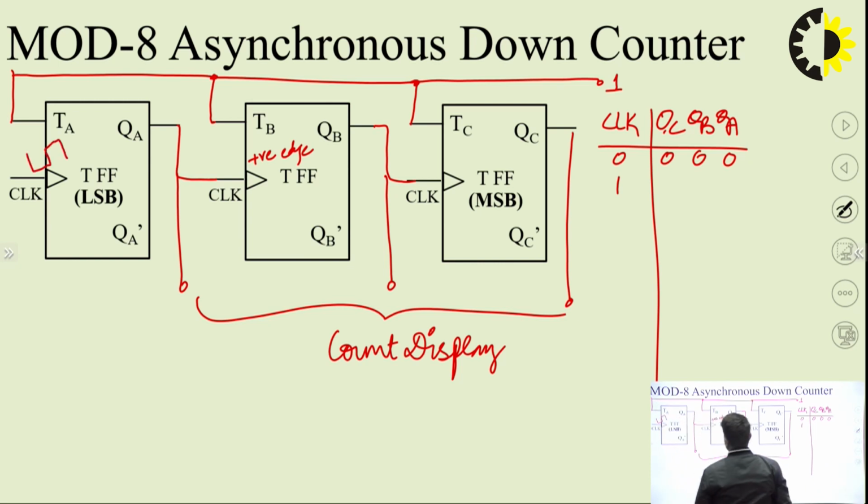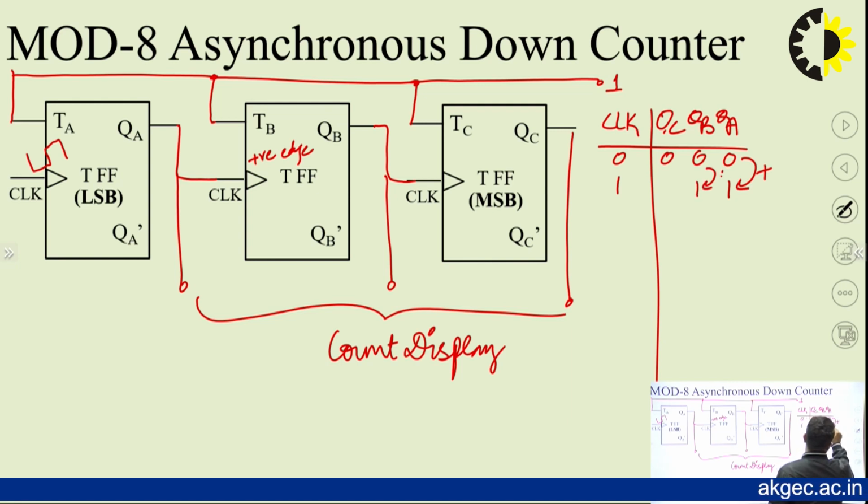Okay, so a clock pulse is applied at the A flip-flop, then definitely it will toggle its output. So this 0 to 1 is a positive transition, and now you can see that all flip-flops require positive transition for their operation. That means this is a desired transition, that means B can also toggle. So B also toggles. This is again the desired transition, 0 to 1 positive transition, so C can also toggle.